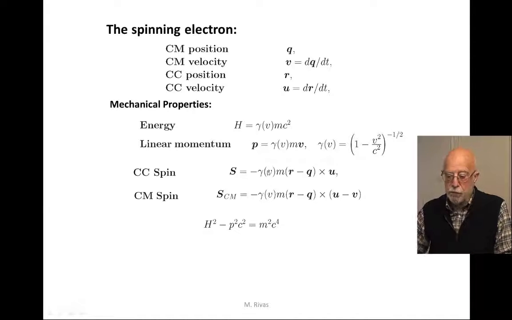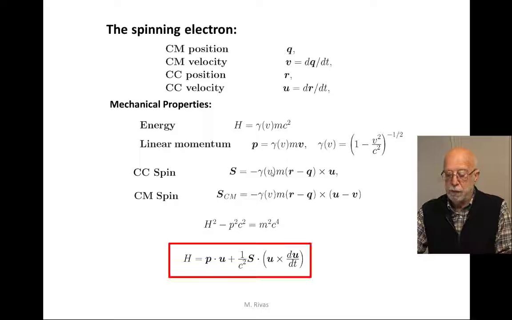But in addition to this, these three objects, H, P, and S, are also not independent observables. They satisfy this equation. But this is a first order equation between H and P, and also S.